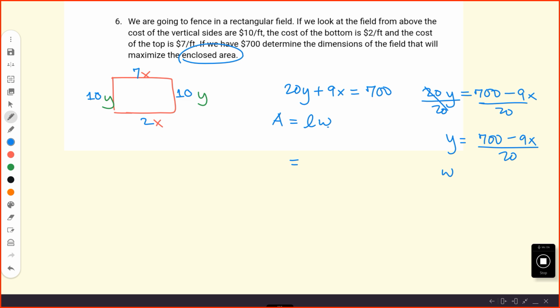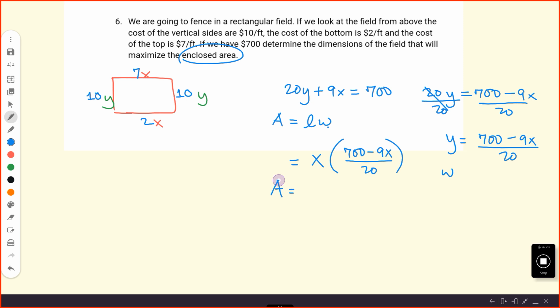Yes. So that's going to be what? We represent this side as x. So x times that. We represent this as your width, and let's say the length here is also represented as x. So x times this. And so the area will just be the product of that, right?